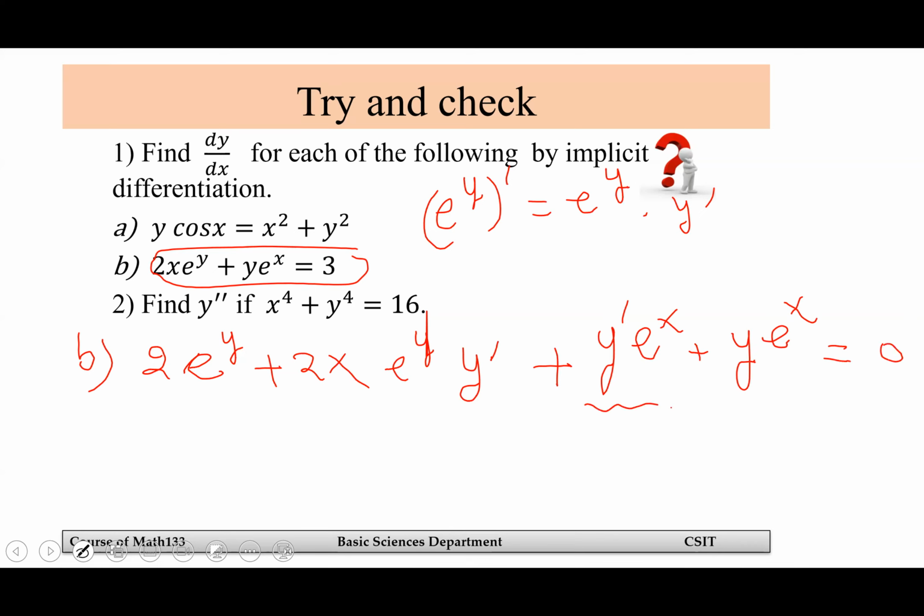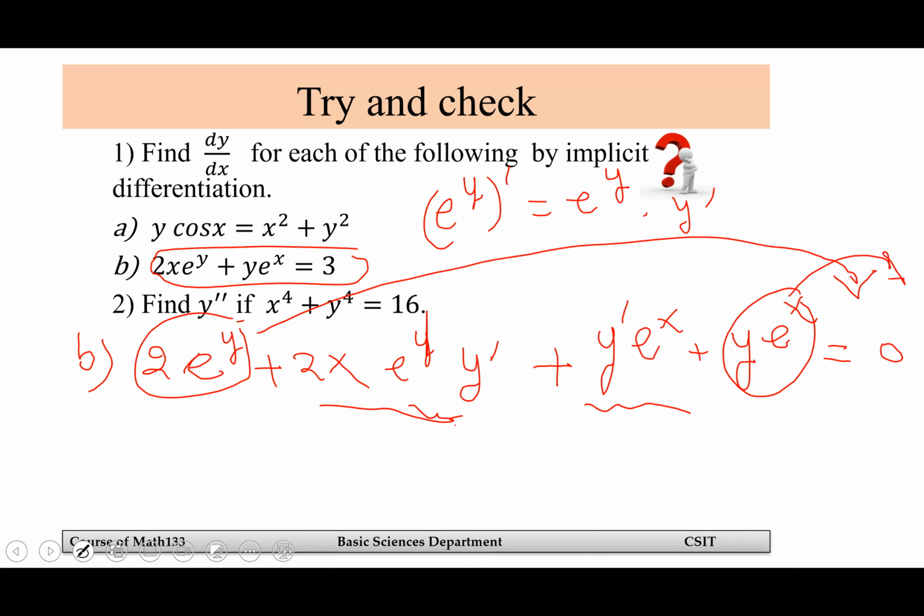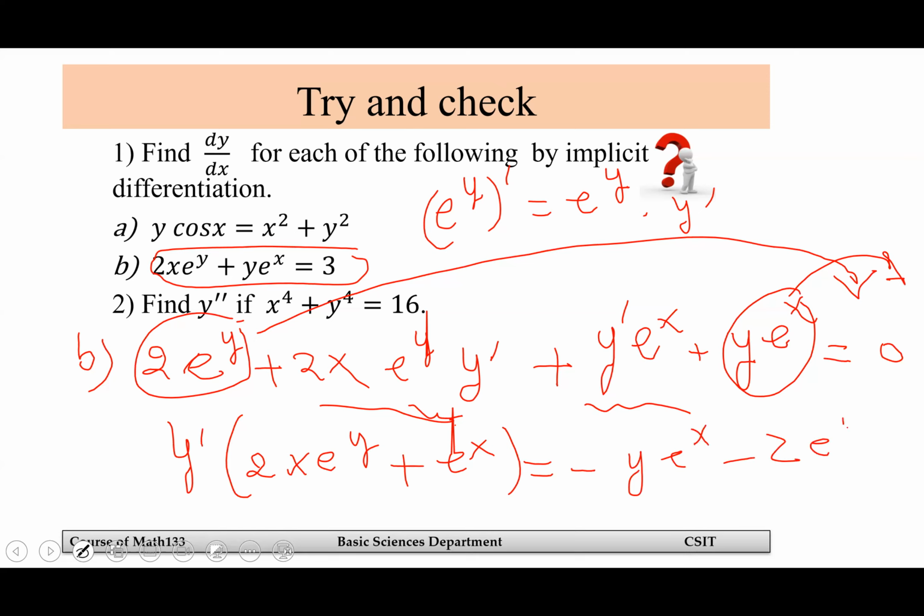Now, take the terms where you have y prime together, and the other terms will go to the right. Here and here. So y prime times (2x e^y plus e^x) equal to minus y e^x minus 2e^y.